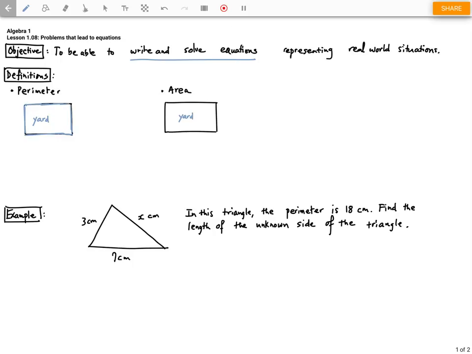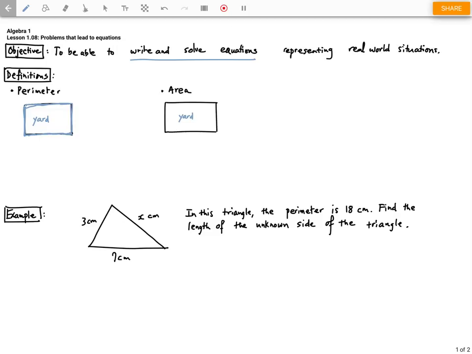The perimeter is the amount of the fence around the yard. That's in layman's terms. In more mathematical terminology, it is the distance around the figure.